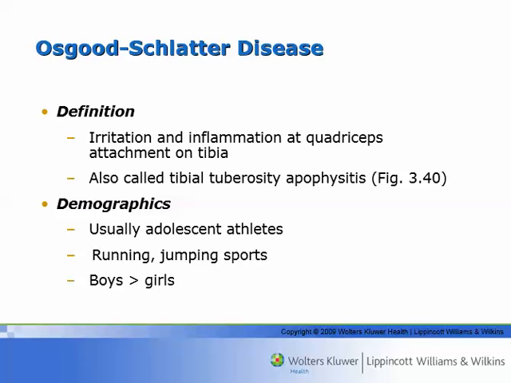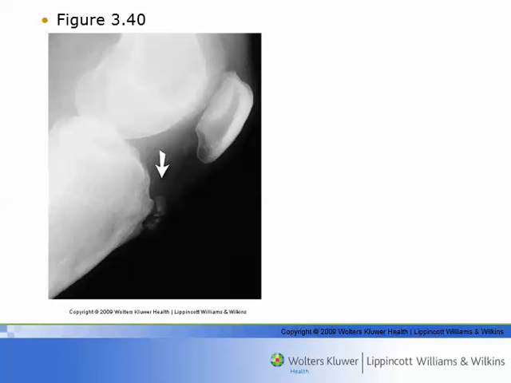I understand that there is a high incidence of it in Canada because of the amount of skating that we put our kids in. When you look at it, this X-ray shows that the tibial tuberosity is really becoming avulsed off of the rest of the tibia, and you can see that it ends up sticking out, pointing out.